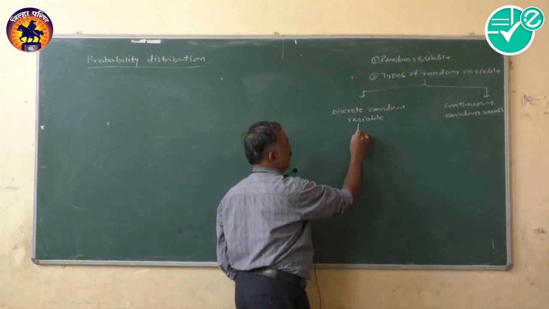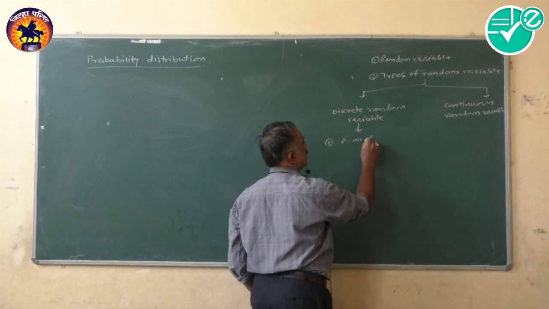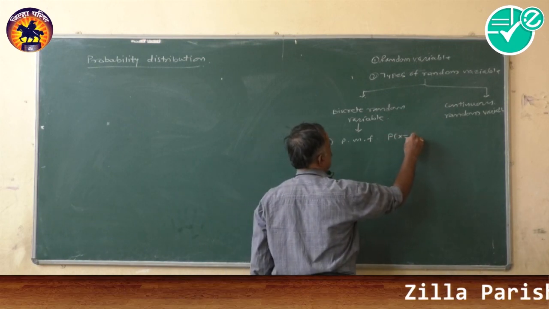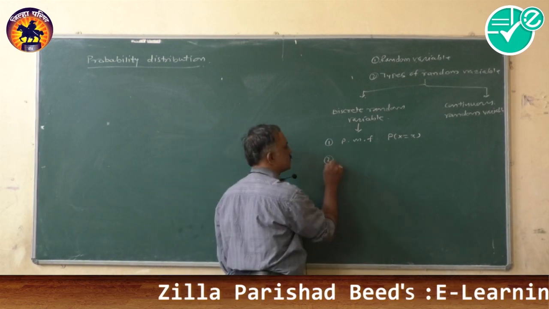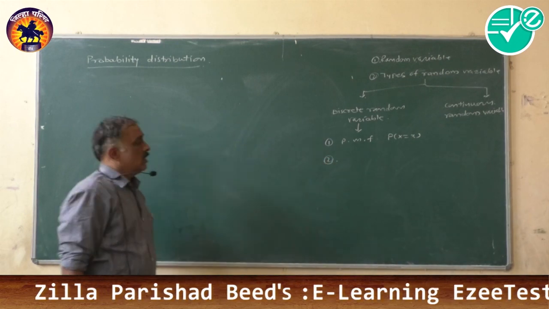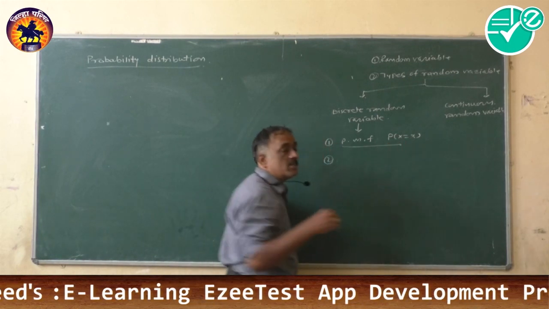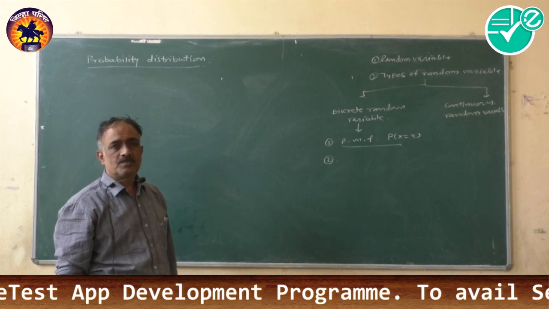For the discrete random variable, we studied very first the probability mass function, which is denoted by capital P of x assumes value small x. Secondly, after PMF, we studied the problems based on the probability mass function.